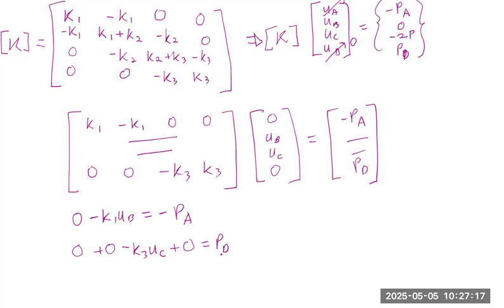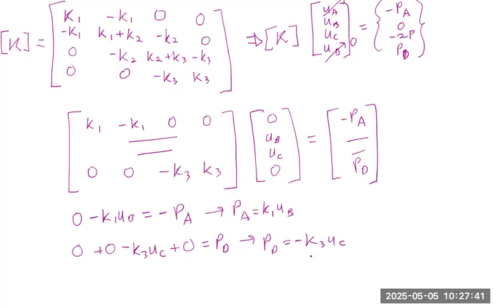So we see from here that PA is equal to K1 UB and PD is equal to negative K3 UC.